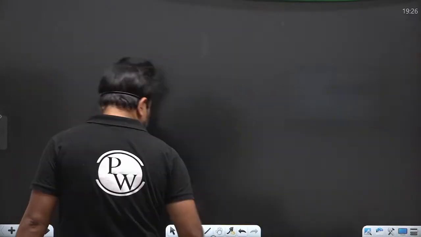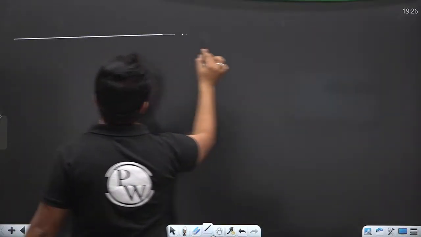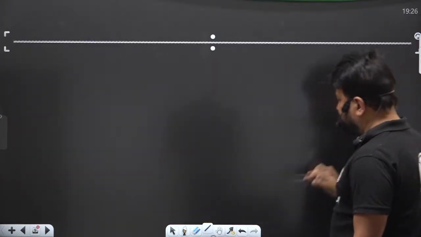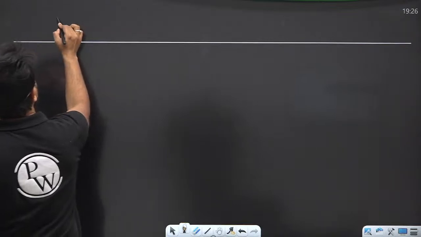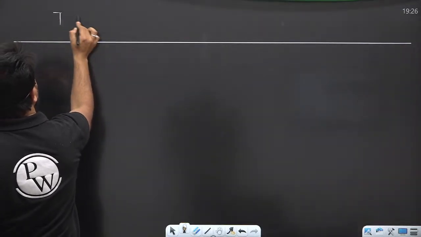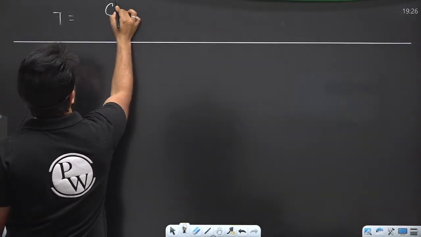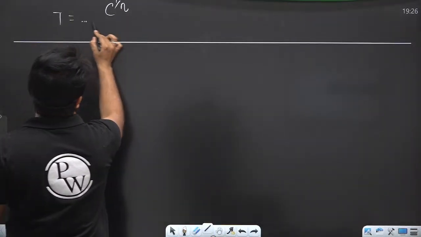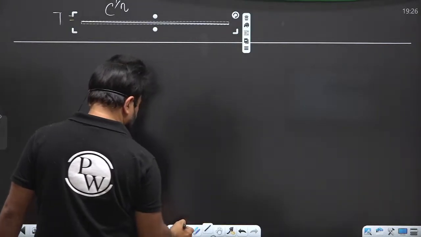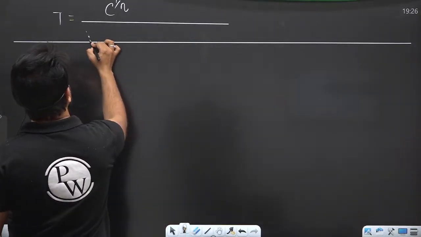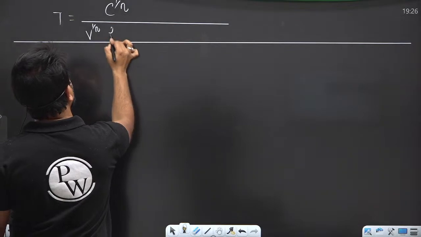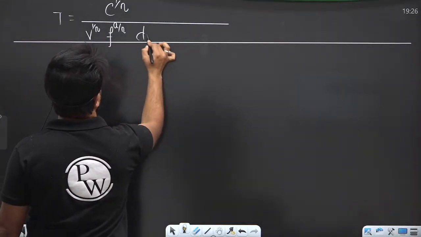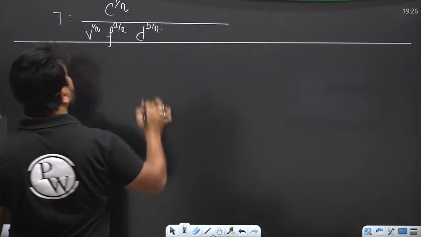So according to this condition, you can write the Taylor's tool life equation as T equal to C to the power 1 by n divided by V to the power 1 by n, f to the power a by n, d to the power b by n.